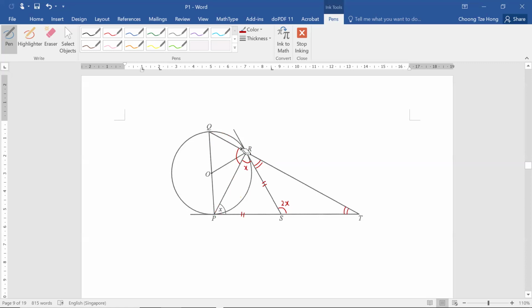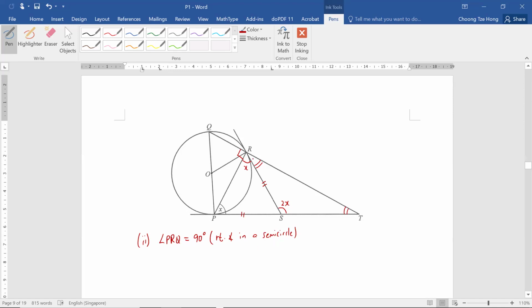A right angle in a semicircle, as the name suggests, will make angle PRQ 90 degrees. So we're going to start our proof from here. Angle PRQ equals 90 degrees, because it's a right angle in a semicircle.